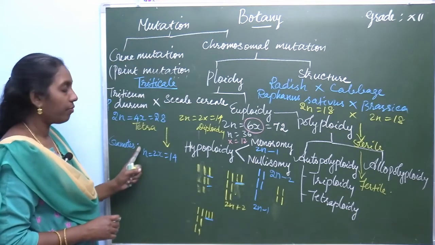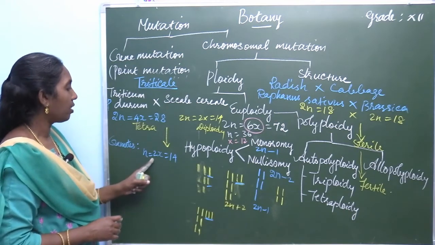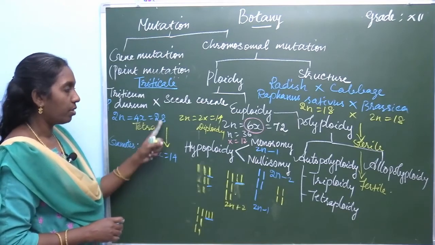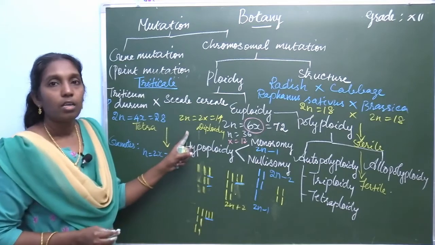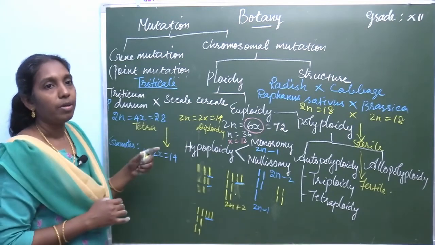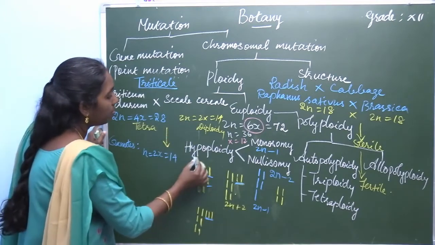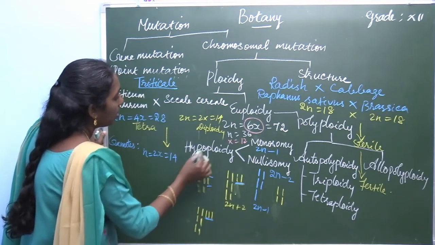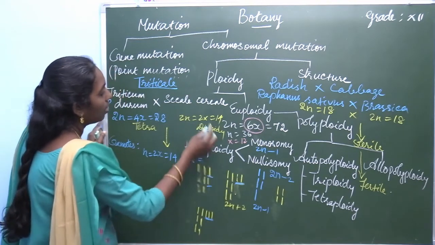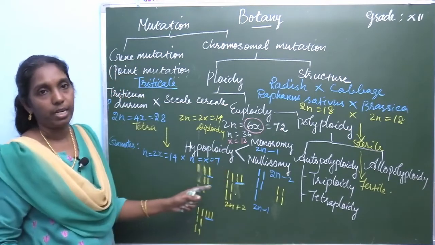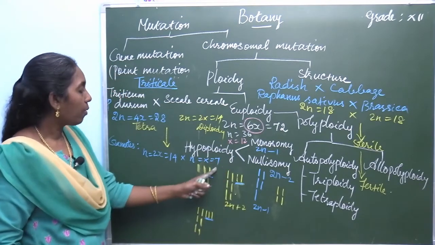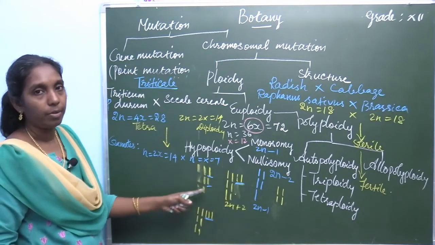At the time of gamete formation, half the number, n is equal to 2x is equal to 14. Likewise here, at the time of gamete formation, 2n becomes n is equal to x is equal to 7, half the number.